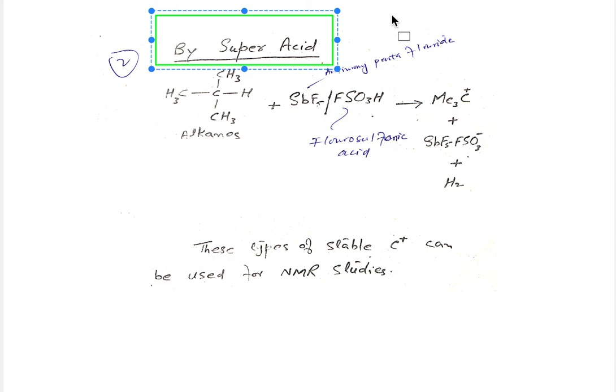According to the classical definition, a superacid is an acid with acidity greater than that of 100% sulfuric acid. We consider H2SO4 as one of the very powerful mineral acids, but a superacid is one which is even much stronger than 100% sulfuric acid.